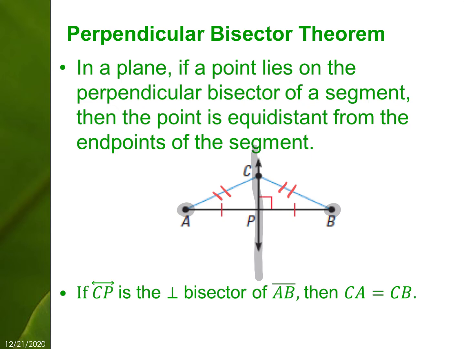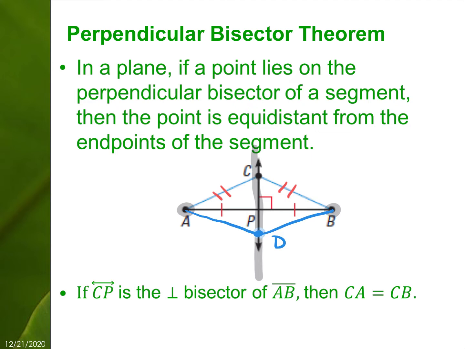Now, let's say I added another point on my bisector. Let's say I add in point D down here. And then I draw segments connecting the endpoints of the segment that CP bisected.